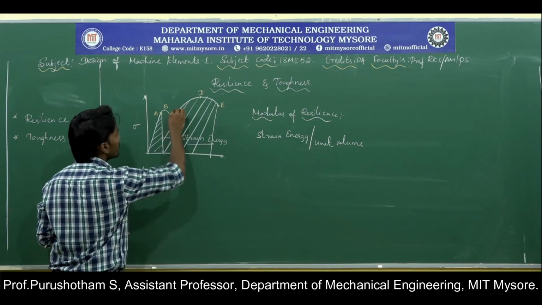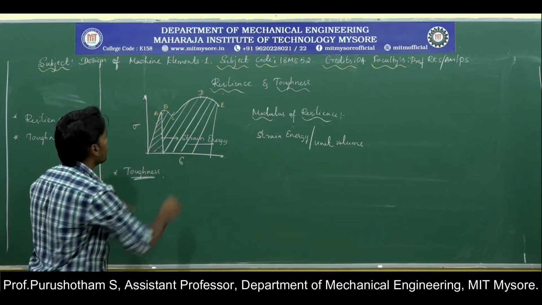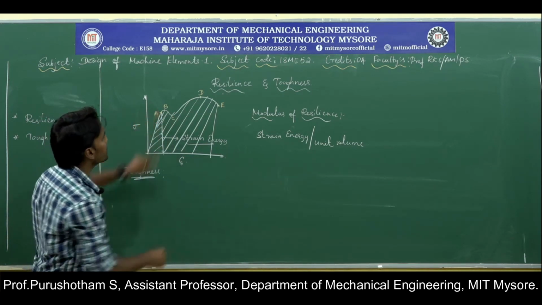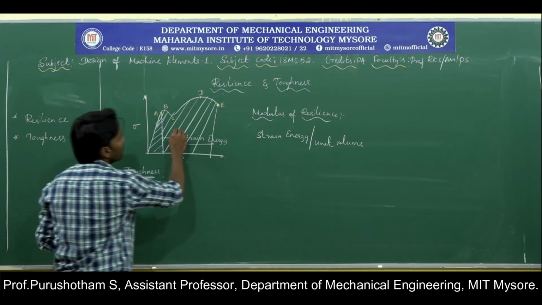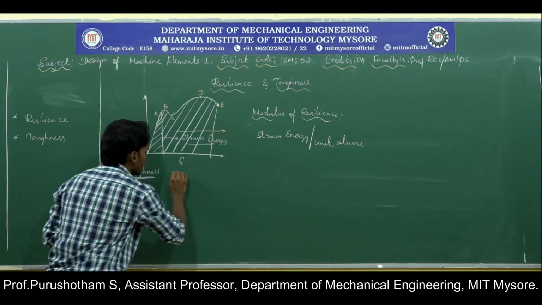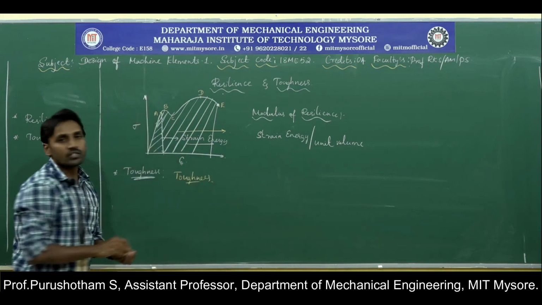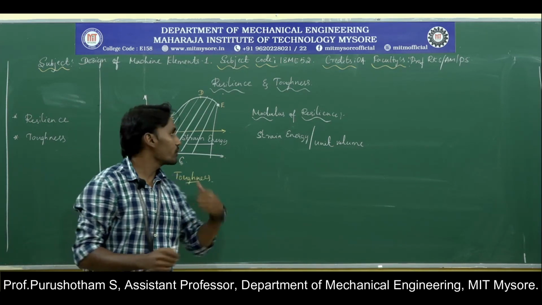In resilience we measure the energy absorbed up to the elastic limit only, but in toughness we measure the energy absorbed up to the fracture, and this is called toughness. Based on this resilience and toughness, we are going to solve some problems.